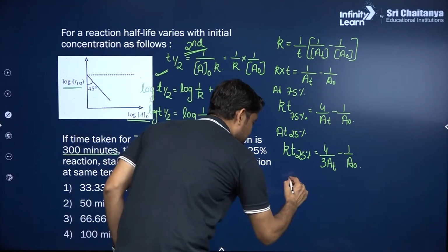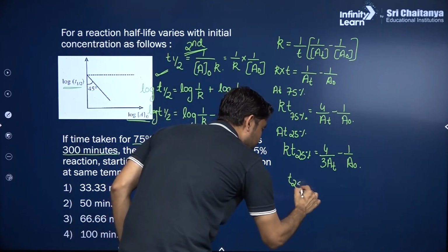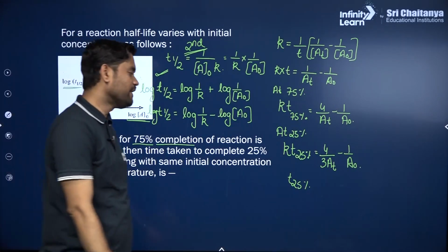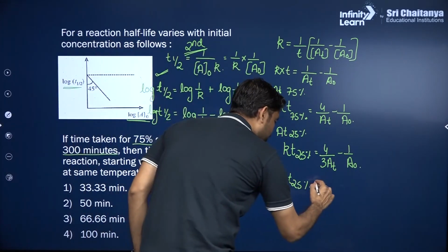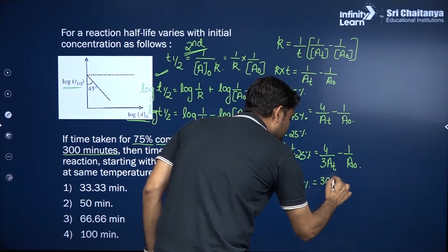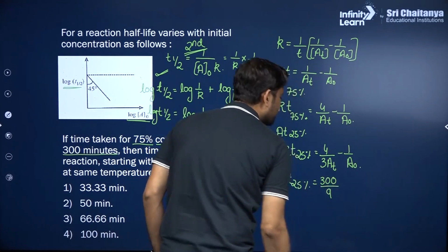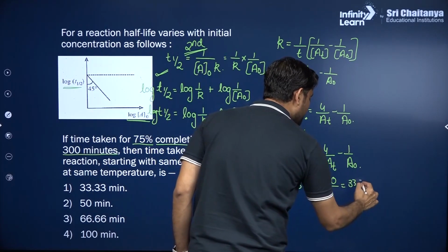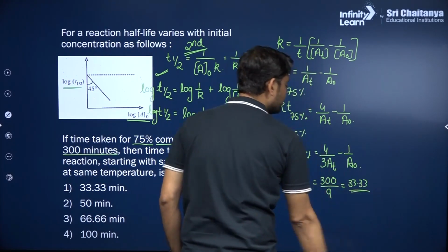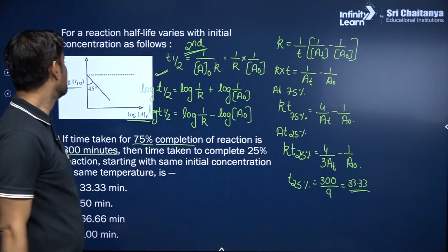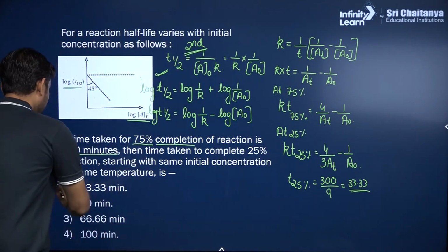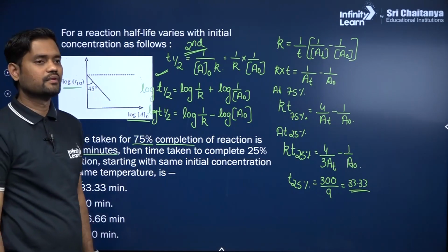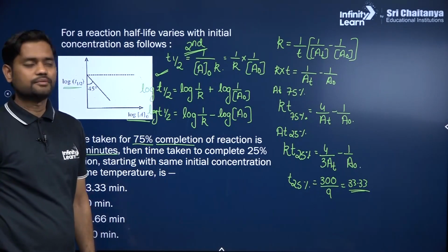Finally, the time taken for 25% will be equal to 300 by 9, which is approximately 33.33. So 33.33 will go with option 1, got it, clear, sure, perfect.